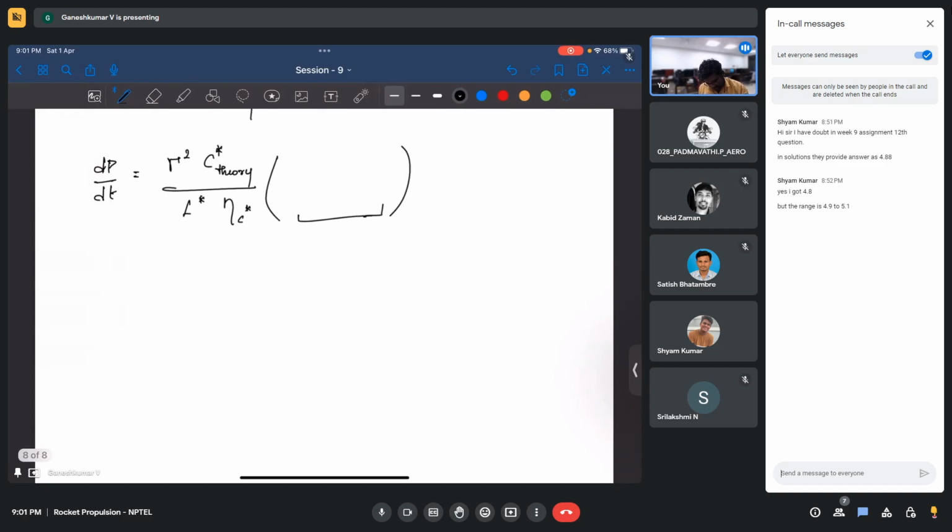Let's find out what T characteristic is. What we know about P bar is P divided by P equilibrium. Similarly, T bar is going to be T divided by T characteristic. That is true everywhere, right? Let me write this down also: the propellant burn rate, A, P to the power n, C star. This is still actual, not theoretical, I believe.